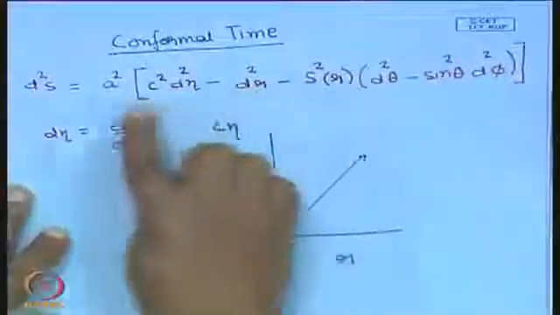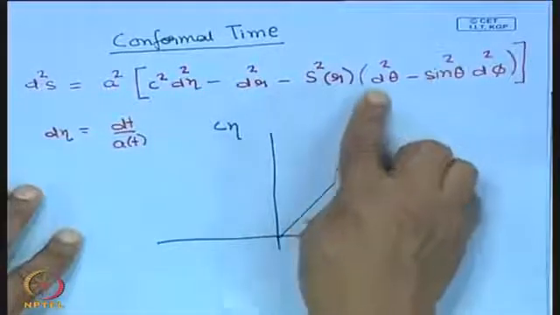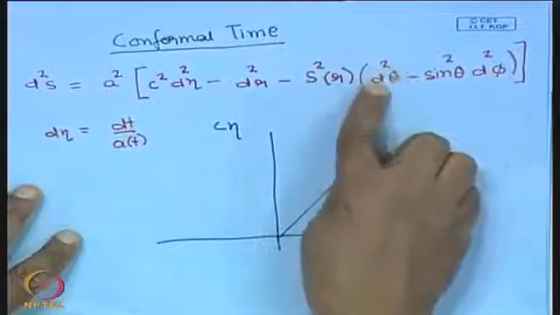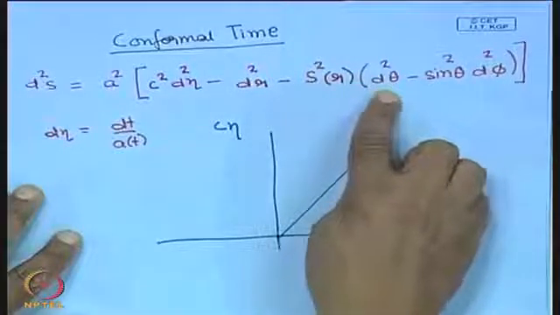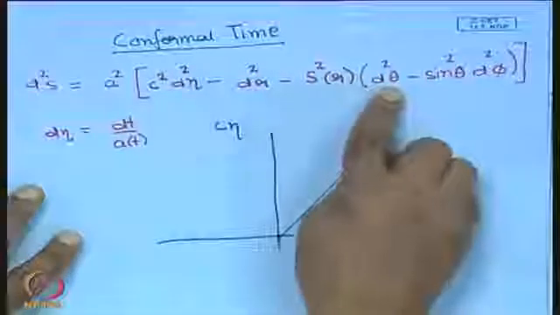Now L, the proper distance corresponding to an angular separation delta theta, is a S delta theta.